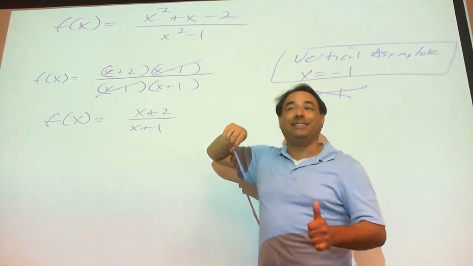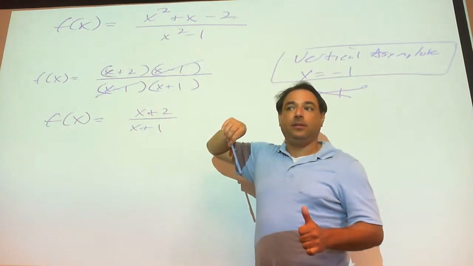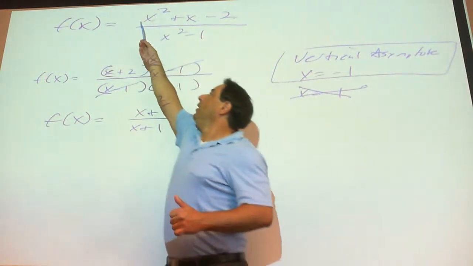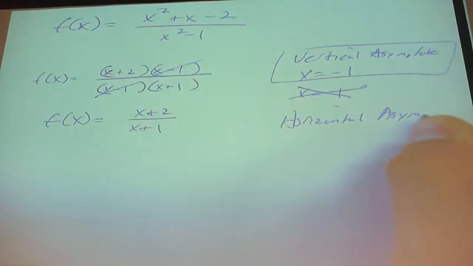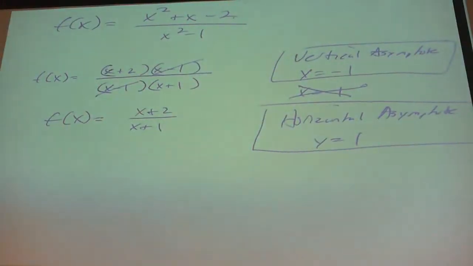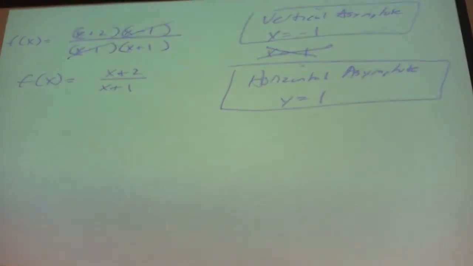Yes. And where is it? The leading coefficients, 1 over 1. And what's 1 divided by 1? We have a horizontal asymptote at y equals 1.